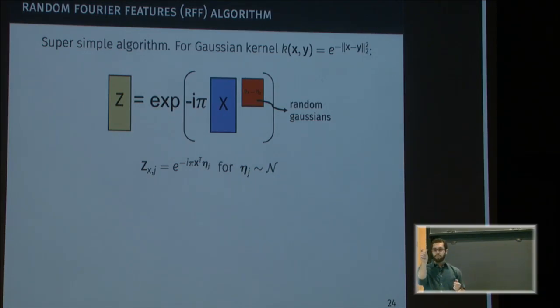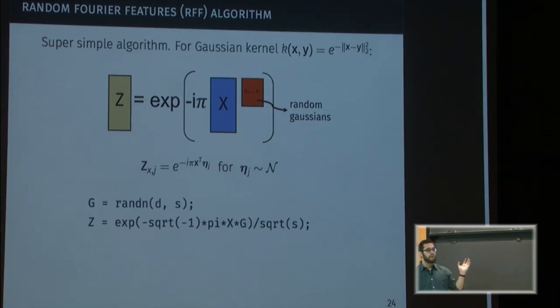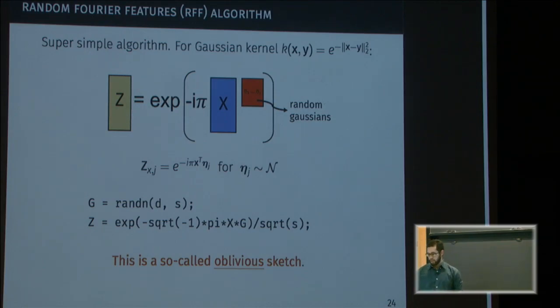Then I apply a point-wise nonlinearity to all the entries in X times the random Gaussian matrix. So these methods are like 2 lines of code to implement. And as I said, they're data local, so they're very easily distributed. We already talked about it, but the fact that I can compute this independently for every data vector is called an oblivious sketch, as opposed to the data-dependent sketches, the Nystrom approximations.